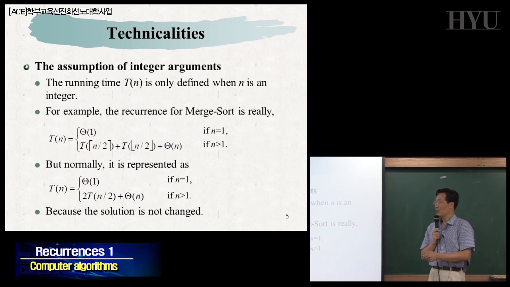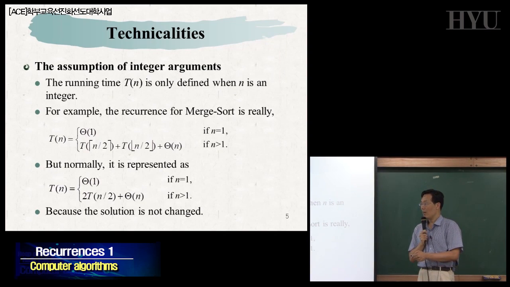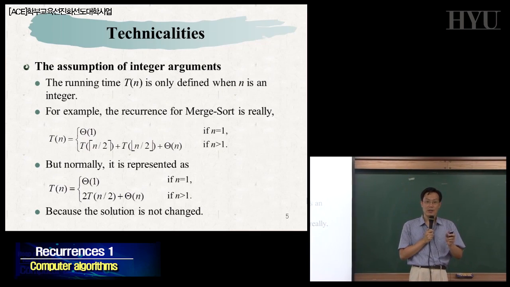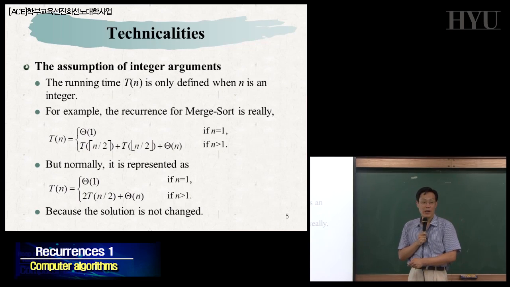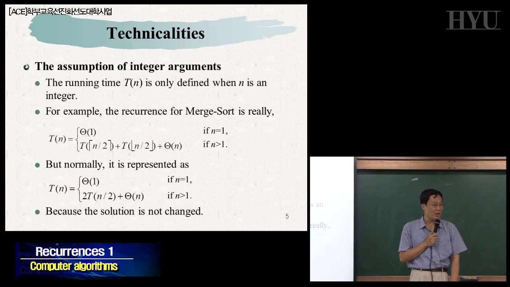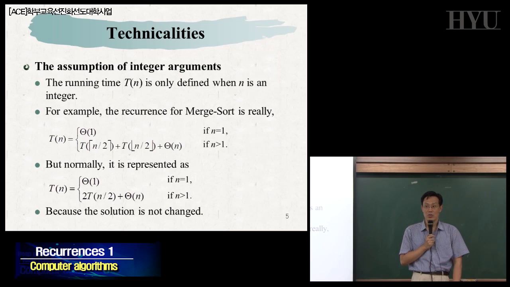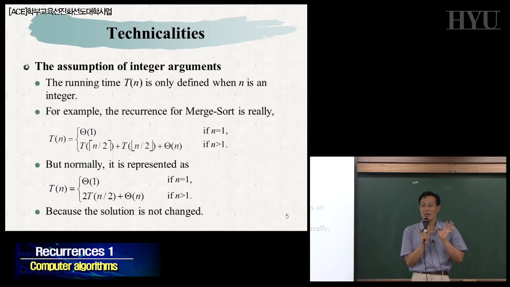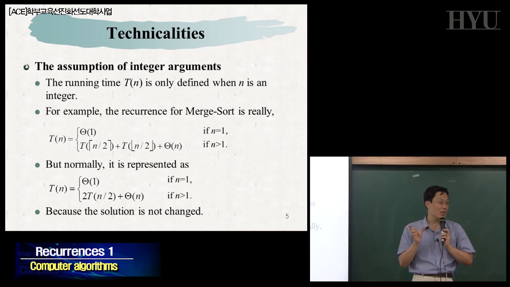So actually, n can be an odd integer. If n is even, this is fine. But when n is odd, then n over 2 is not an integer. So they are not divided into two same halves. One is bigger than the other.